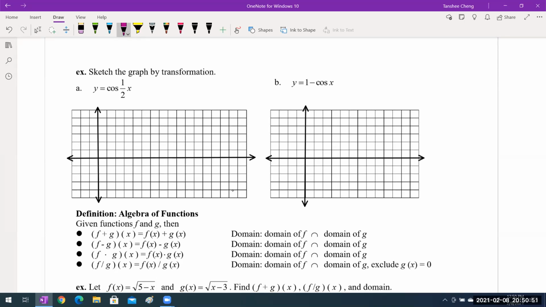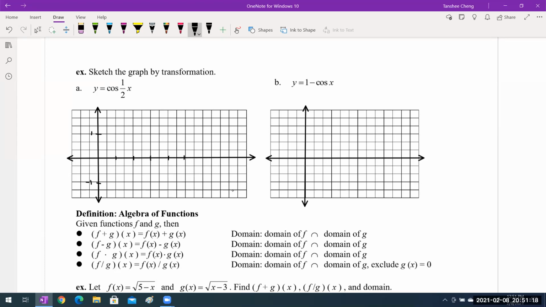So I'm going to show you the parent graph first. Okay? So that being said, here's 1, here's -1. That's my range. And I'm going to make it every 2 units.